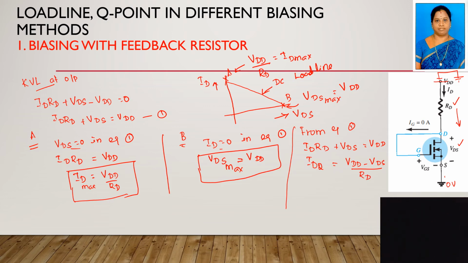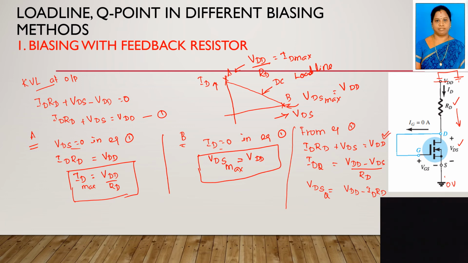Okay. Similarly, what is VDSQ? It's nothing but the same equation, VDSQ equal to VDD minus ID into RD. Here, in a single equation, you cannot find out IDQ as well as VDSQ.